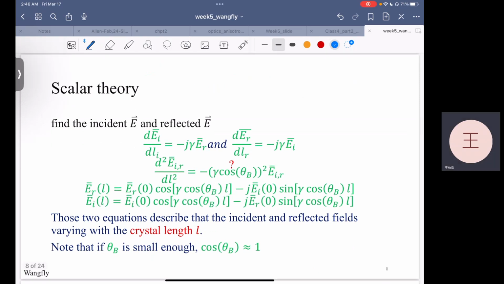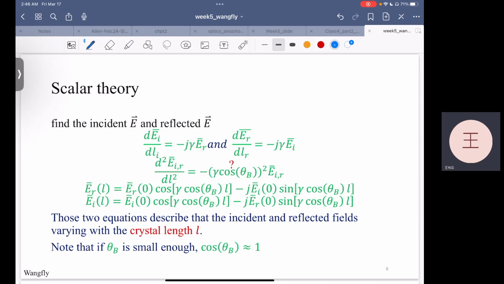Plug these in to find the incident and the reflected electric field. We thus found the L term, which we defined to be the crystal length.